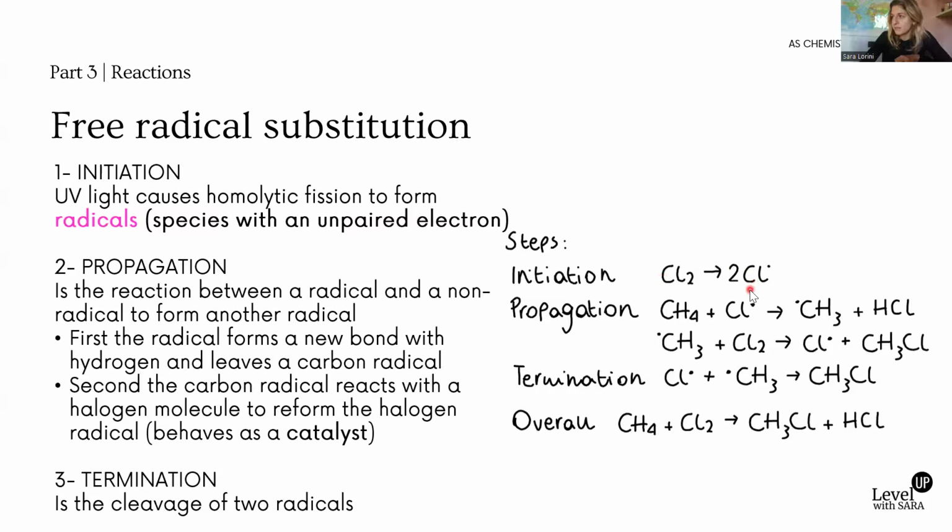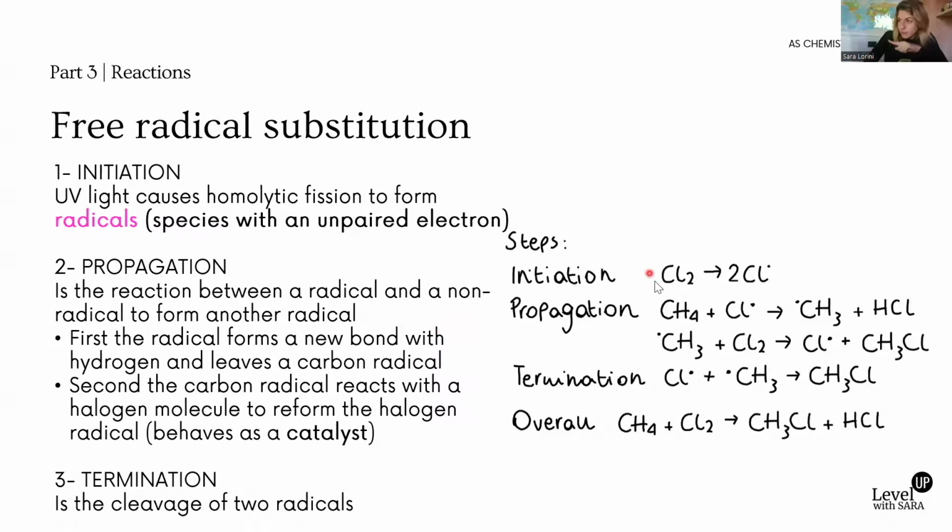Normally with chlorine, we form two radicals. Now I want you to picture the homolytic fission of one electron going on either side. Propagation step. Now, the thing that I want you to notice is that the first and the second propagation step are always the same. So if you know this, you will always be able to rewrite it. The first propagation step, it's always that, and it's written here.